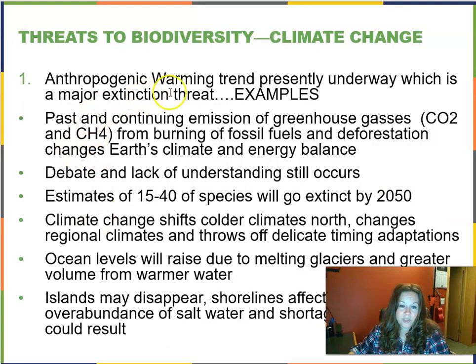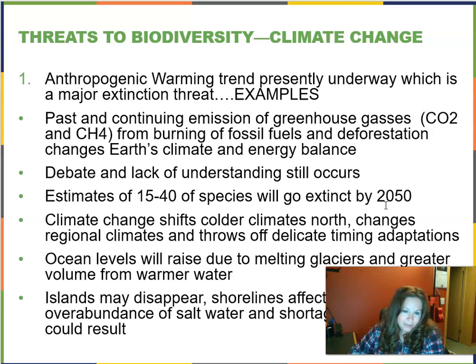Anthropogenic, that means human-caused warming, the trend presently underway, is a major extinction threat. Some examples: past and continuing emissions of greenhouse gases, including carbon dioxide, CO2, and CH4, which is methane, from burning fossil fuels and deforestation, change our Earth's climate and its energy balance.